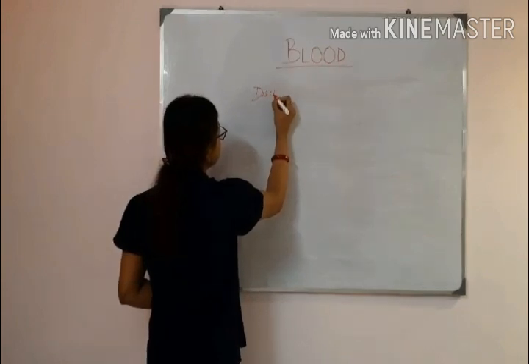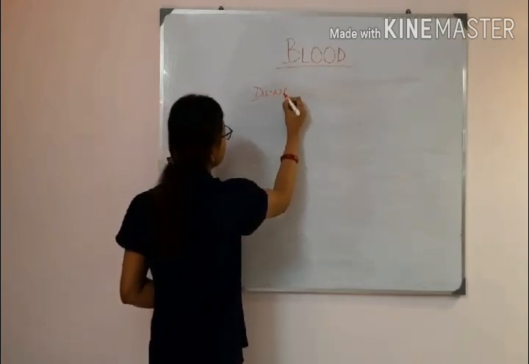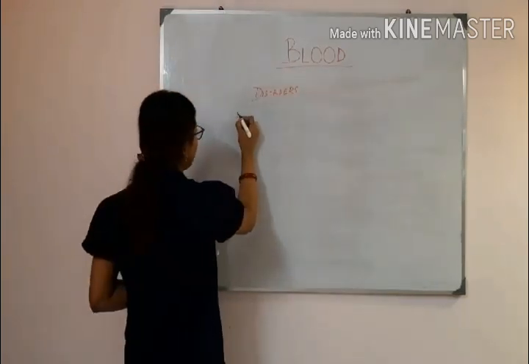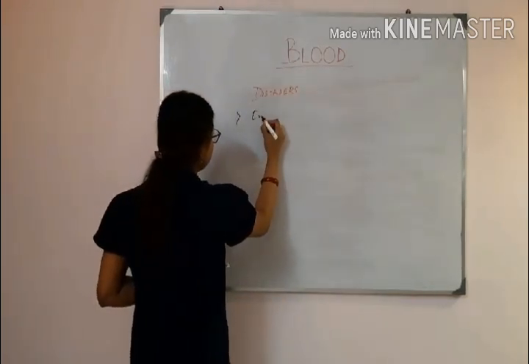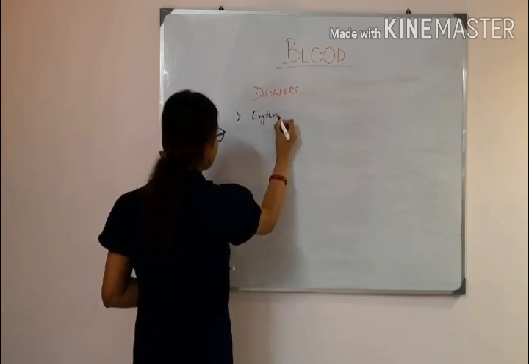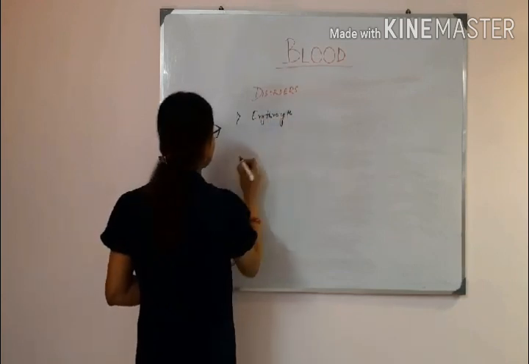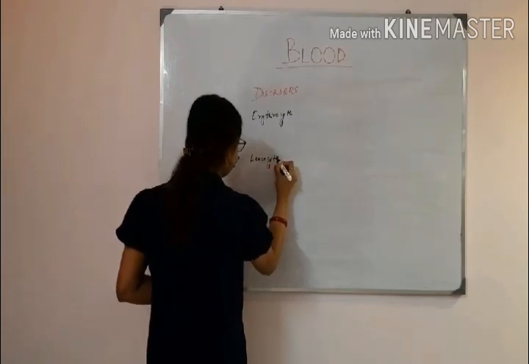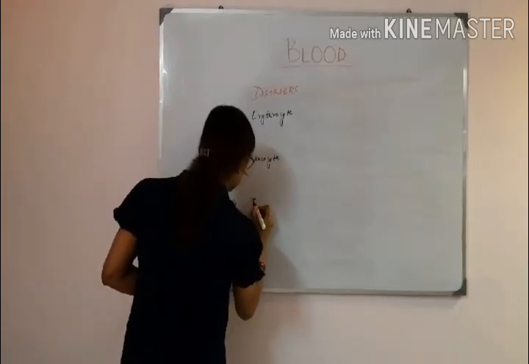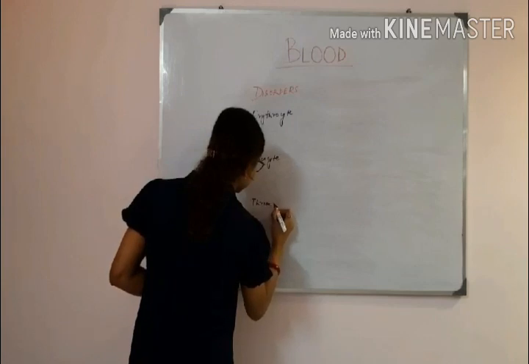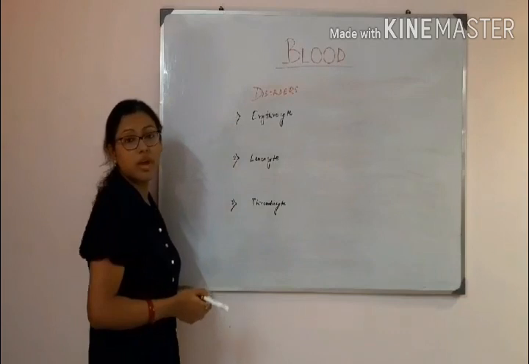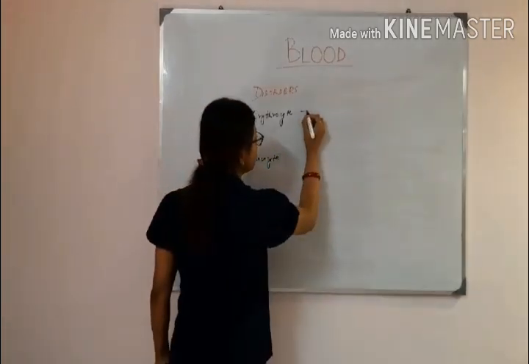Disorders. Number 1, erythrocyte. Number 2, leukocyte. And number 3, thrombocyte. What happens when erythrocyte increases?